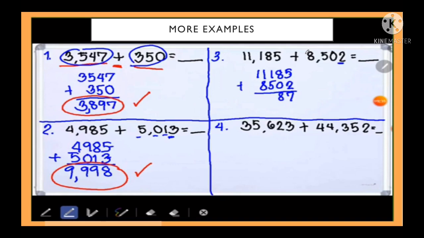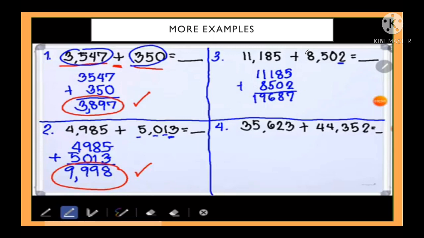What is 1 plus 5? 6. 1 plus 8. 9. Very good. And then, we don't have any number here, so therefore we will just put 0. And then, 1 plus 0 is 1.